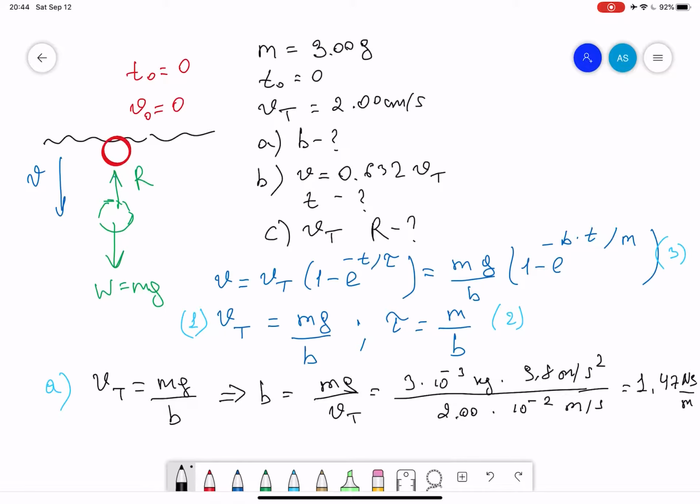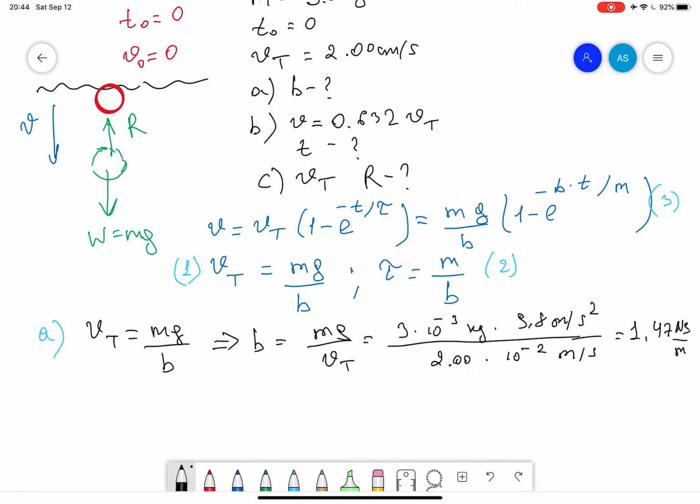Now in part B, we have to find the time when v is equal to 0.632 v terminal. So we use the third formula: v is equal to v terminal times 1 minus e to the minus b t over m.